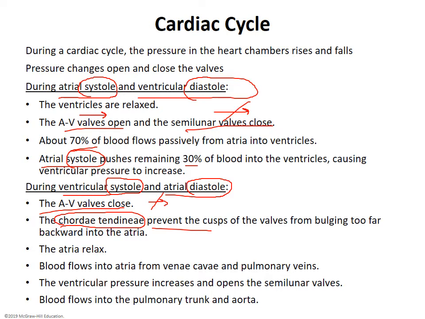So the blood is going to go from the ventricle, I'm trying to write this here without crossing over it, but I did, into the pulmonary trunk or the aorta. So the semilunar valves are going to open. So the exit gets opened.